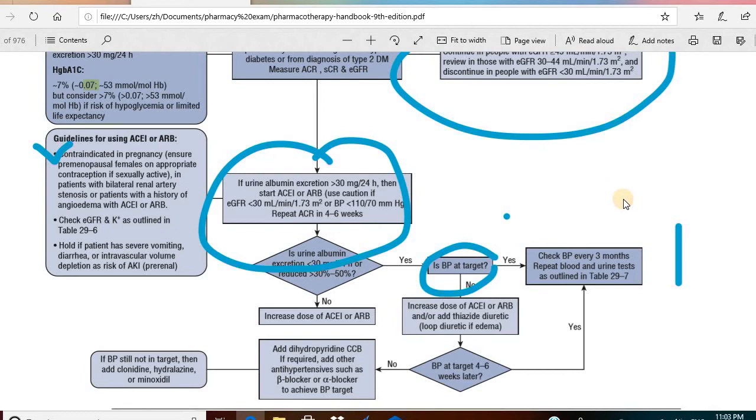So it's all about managing the CKD in diabetic and hypertensive patients.